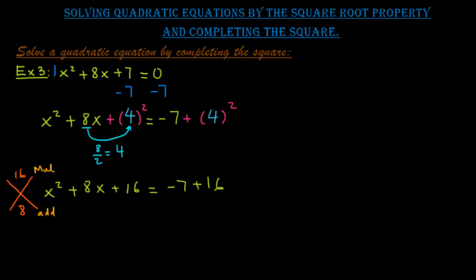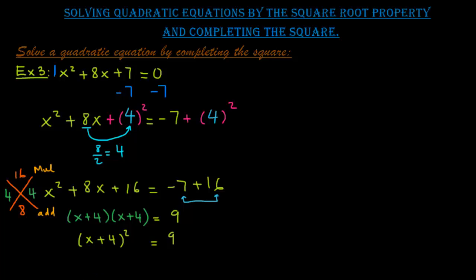The pair that works is 4 and 4: 4 plus 4 gives 8 and 4 times 4 gives 16. So the answer is x plus 4 times x plus 4. On the other side, negative 7 plus 16 combines to give positive 9. So (x plus 4)(x plus 4) is rewritten as (x plus 4) squared equals 9.